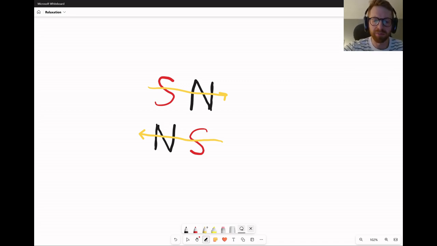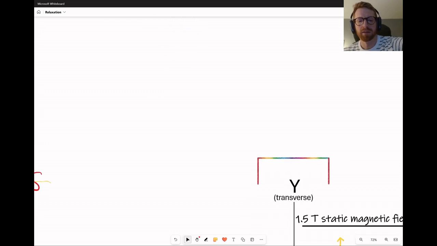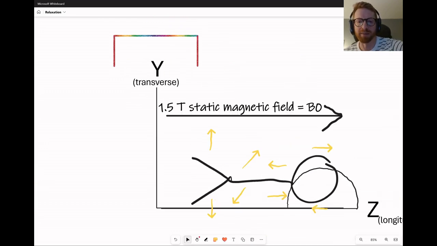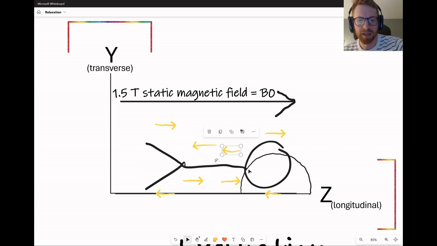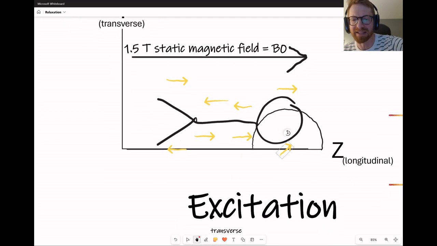So something similar is going to happen in the context of MRI. The hydrogen nuclei are going to line up, some parallel and some anti-parallel, such that for every 10,000 hydrogen nuclei, you're going to have 5,003 that line up parallel, and 4,997 that line up anti-parallel.